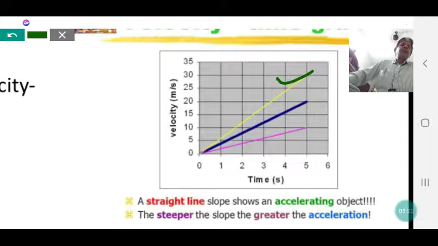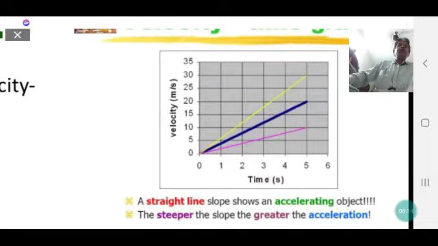So the red graph's object has the least acceleration, the yellow line's object has the greatest acceleration, and the blue line's object has intermediate acceleration. The slope of a straight line shows the acceleration of the object. The steeper the slope, the greater the acceleration.